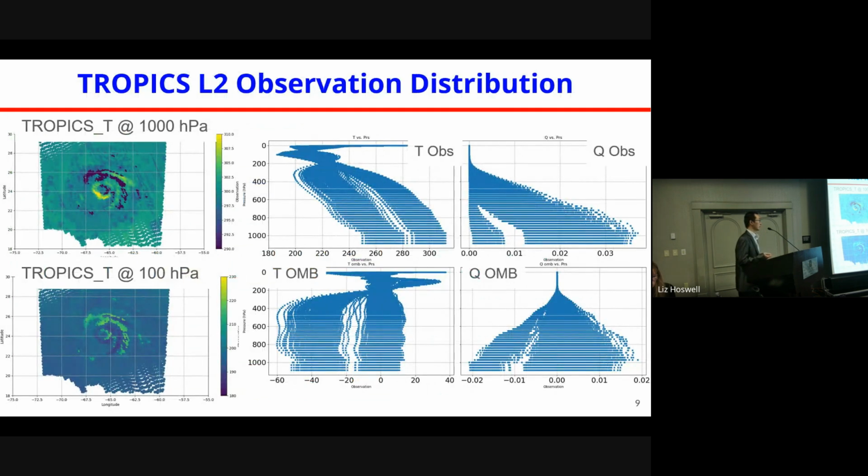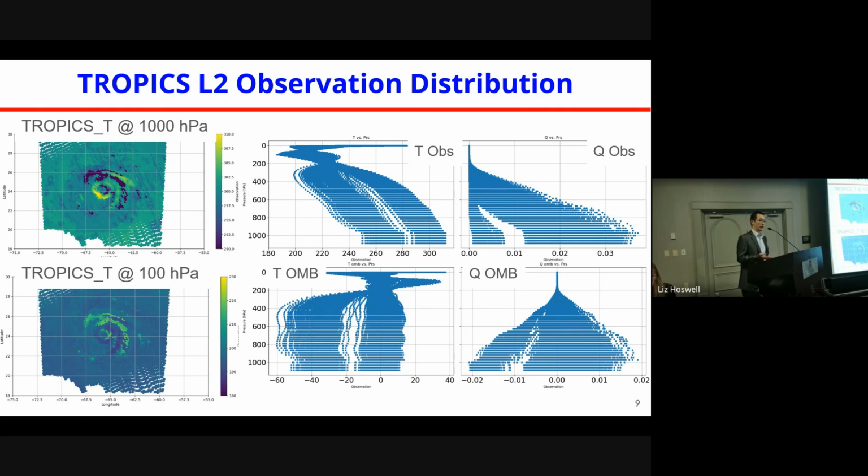Let's focus on the level 2 observation characteristics. The figures on the left show the horizontal distribution of the temperature observations from TROPICS at 1,000 millibar in the upper left and 100 millibar in the lower left. This shows that the TROPICS inner-core observations can cover the inner-core regions with very high density and fine resolution, with very unique thermodynamic features of the tropical storms.